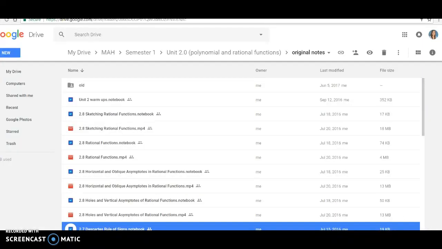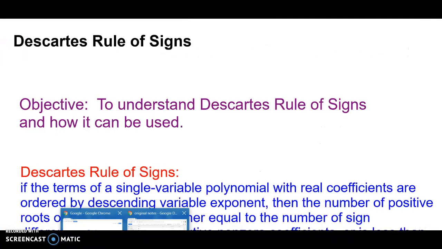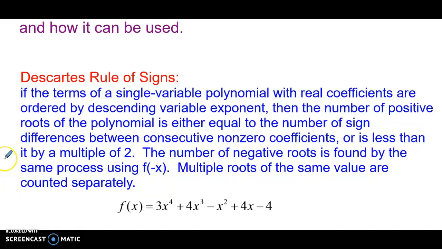Okay, so let's talk about Descartes' rule of signs. So we have this polynomial function down here as an example.